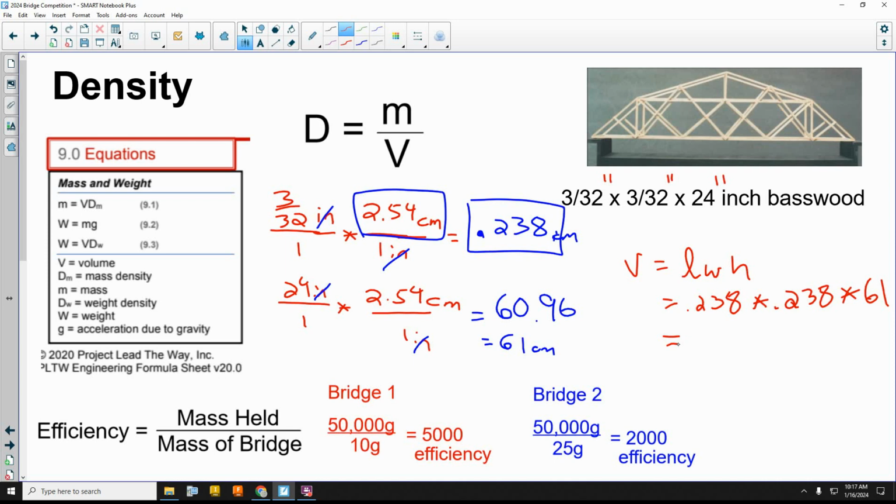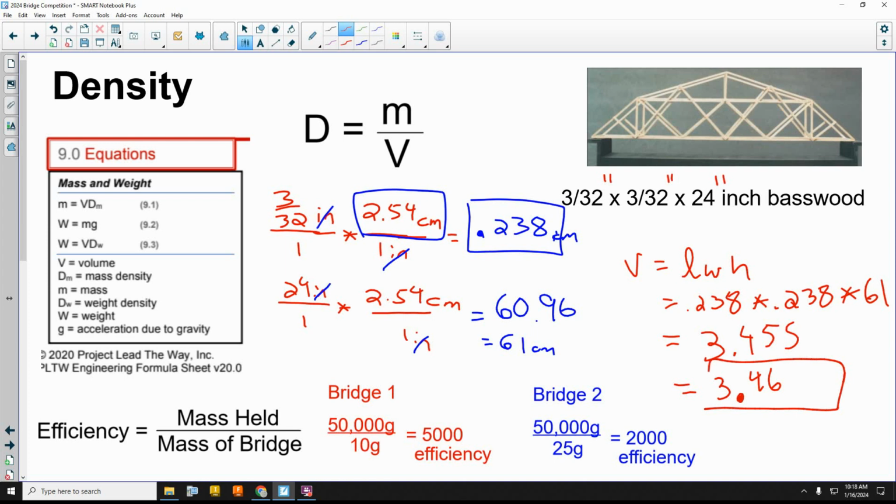And I did the calculation wrong. What do you get? Three significant figures. What do you get? 3.455, which in 3 sig figs would be 3.46.